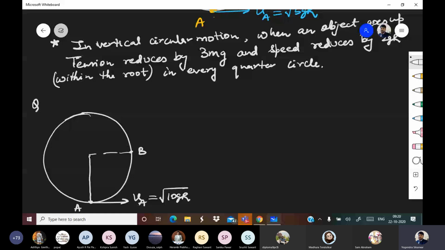So this is an object which is given speed at A as root of 10 GR. And it is going on a vertical circle. So the question says you need to find VB, VC, VD. Also you need to find TA, TB, TC, TD. Everyone please find.